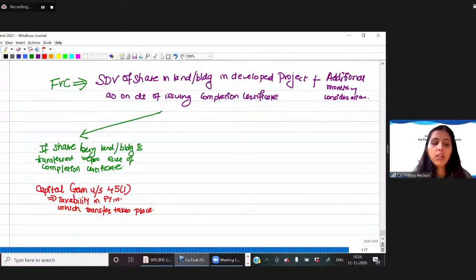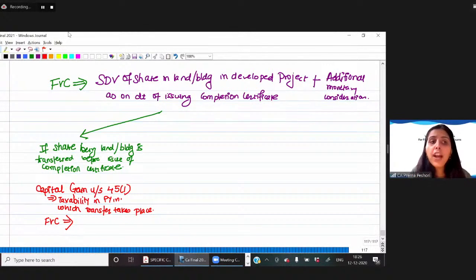And what will be your full value of consideration in that particular case? Because you have received in consideration your building, right? You have received the consideration in the form of building. So what will be your full value of consideration?